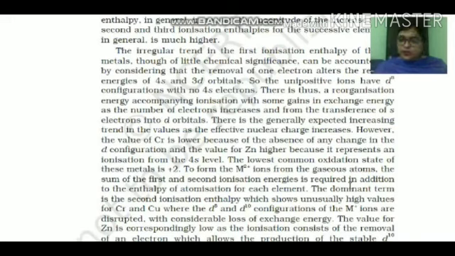What will be the answer? It is your homework. Again I am repeating the question: first ionization enthalpies of the third transition series are higher than those of the first and second transition series. And I am giving you one clue, that it is related to shielding effect. So you have to answer this question.